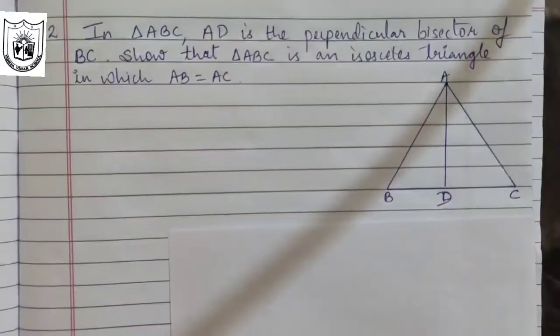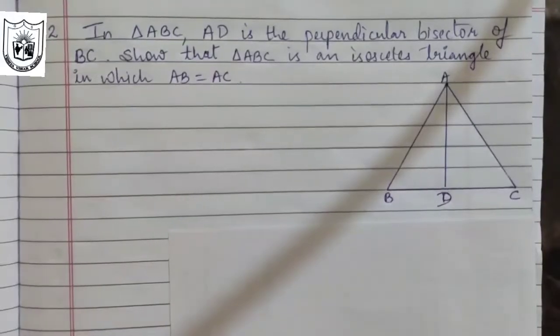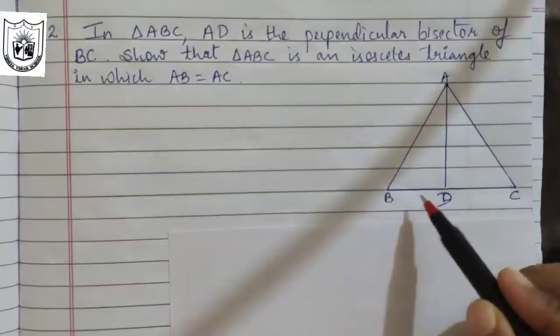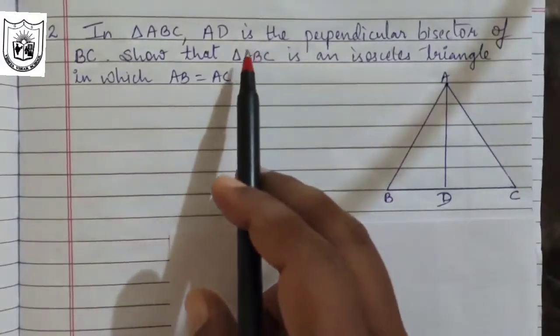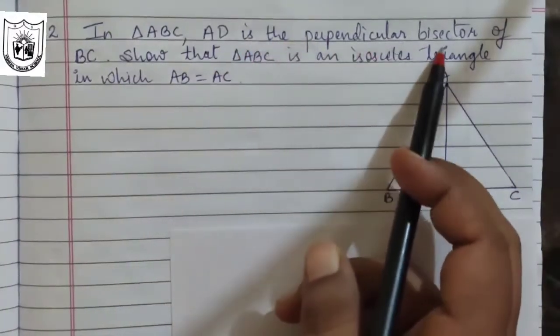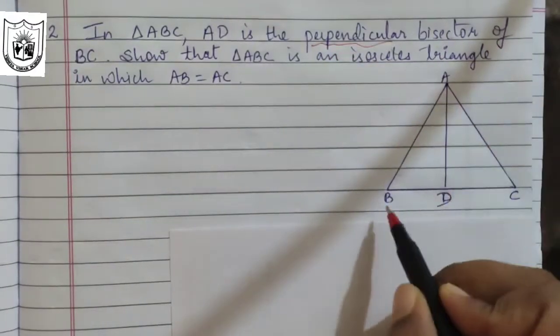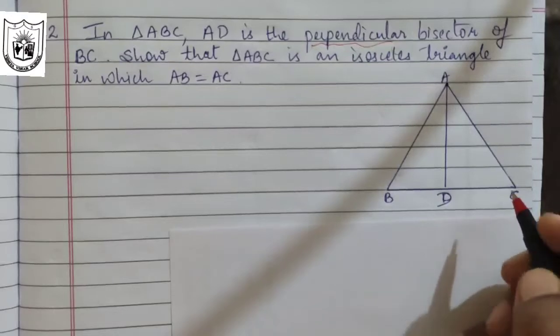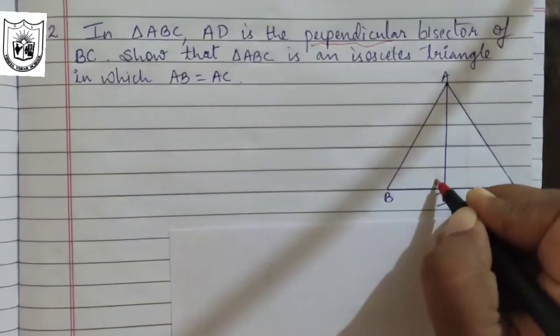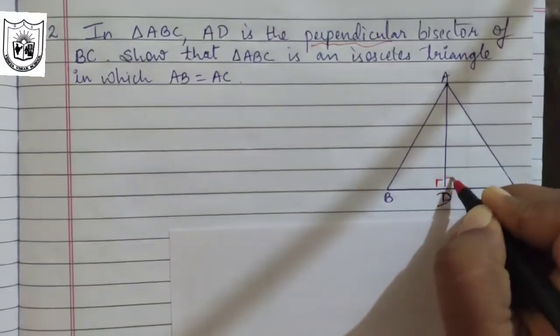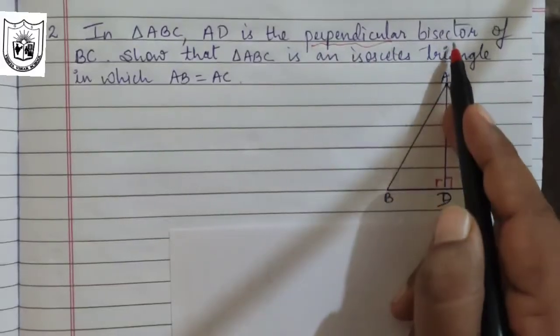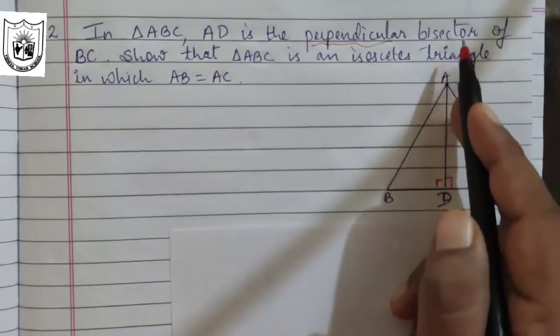Let us now solve the second problem here. In triangle ABC, AD is the perpendicular bisector of BC. So what do you understand by this statement? AD is perpendicular bisector. Perpendicular means wherever this AD is meeting the base, it is forming 90 degrees. So it will form 90 degrees to the left as well as to the right. Bisector, what do you understand by the word bisector?